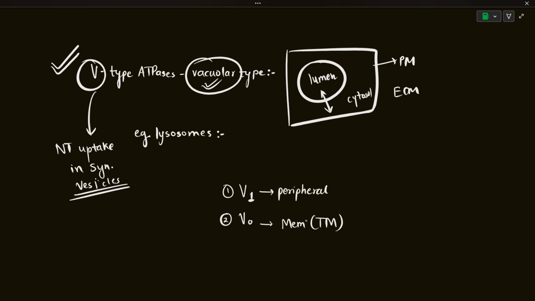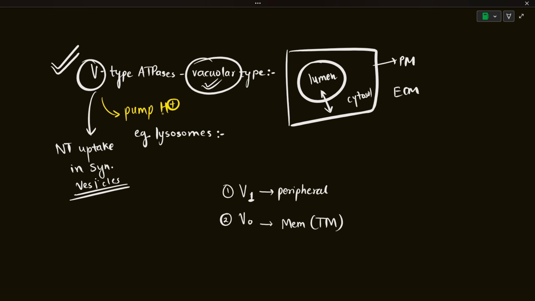The one thing that I want to mention is that V-type ATPases always pump protons, so they are also known as proton pumps. They usually have a role in acidifying the lumen and in maintaining the proton gradient.